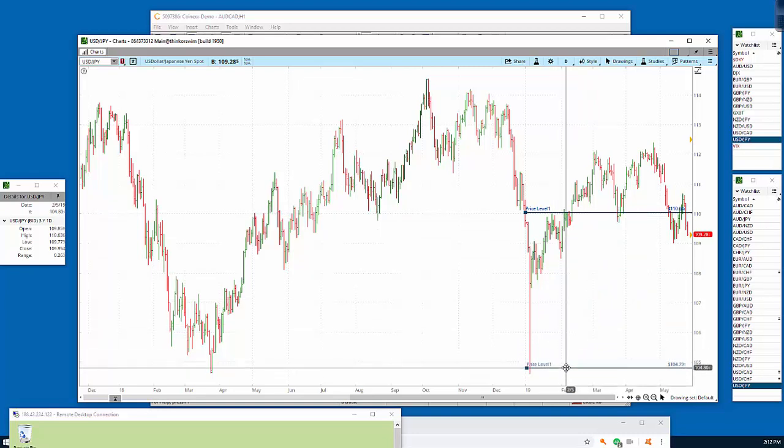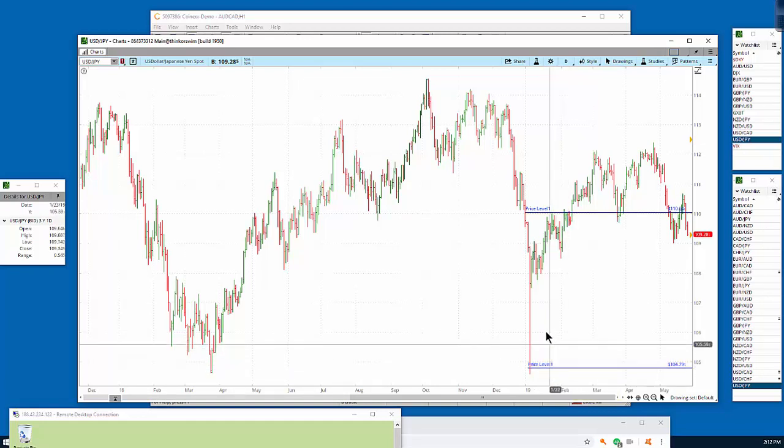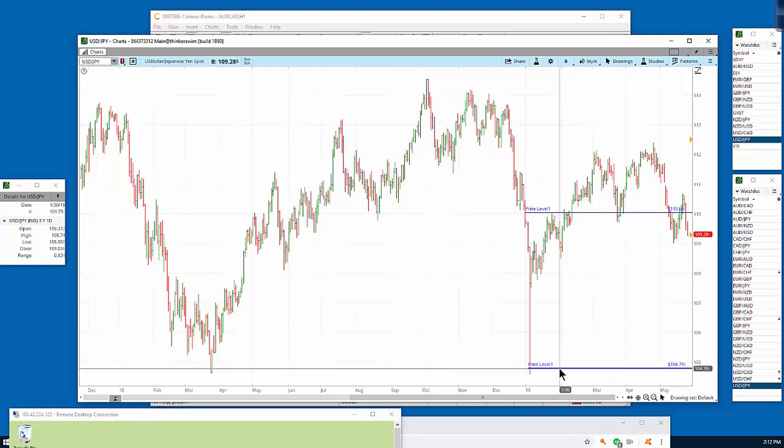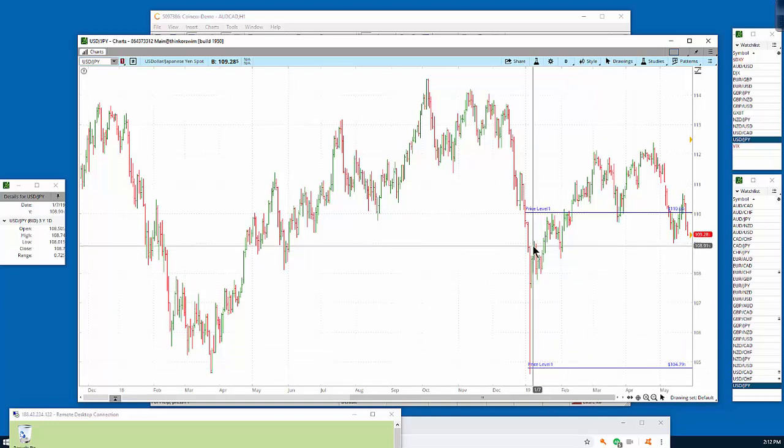So let's say you got another buy trade in right down here, and then the price comes up to here and starts kind of fluttering, and you go, man, I want to take my profit off of this trade. And this was at 104.79, we'll call it 80, and the price is right here at 108.96. That's, what is that, 450 pips, something like that.